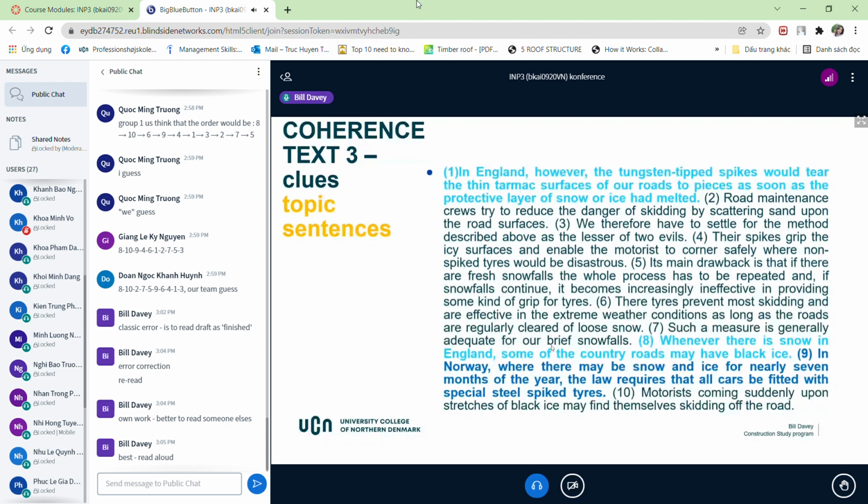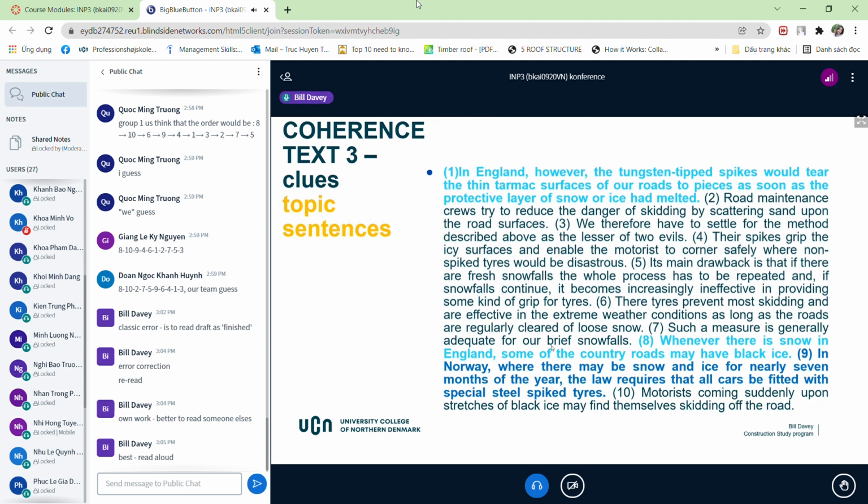topic sentences. Now remember, when you're reading through your work, you are writing in paragraphs. Remember we said like 8 to 12 lines, maybe 15, but we also said one paragraph contains one idea.